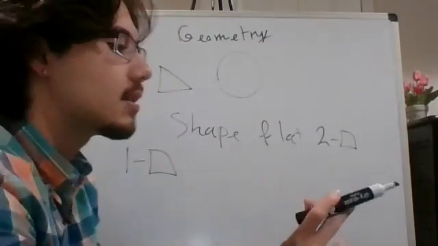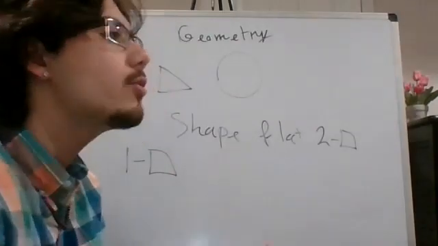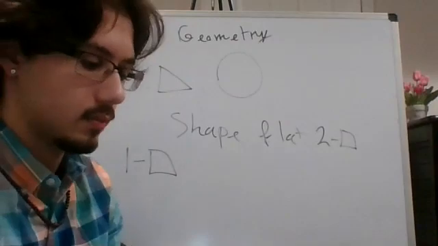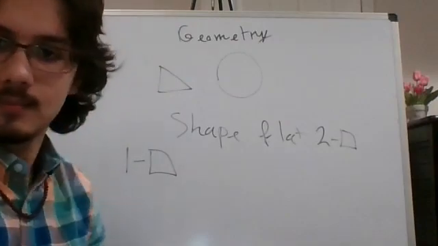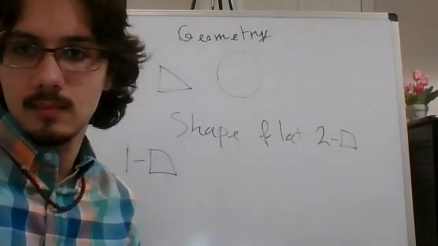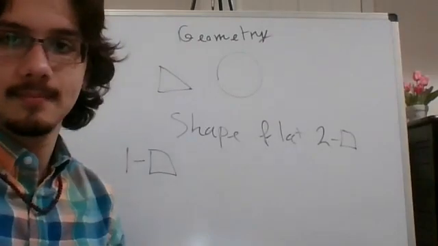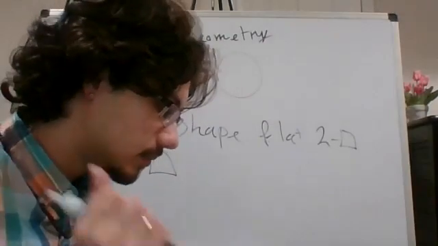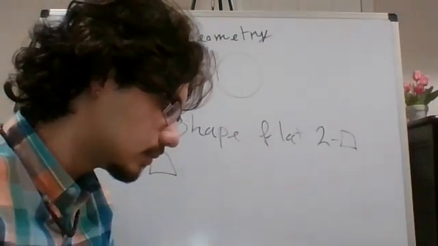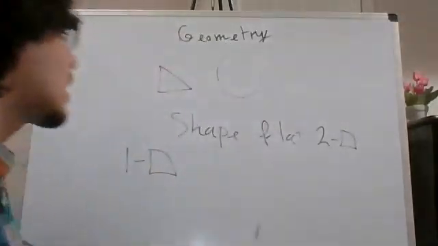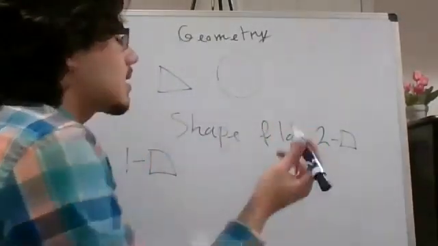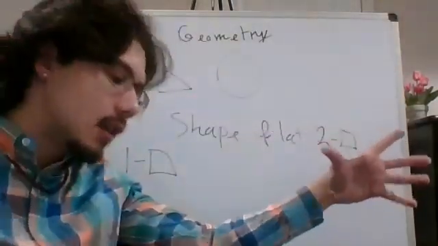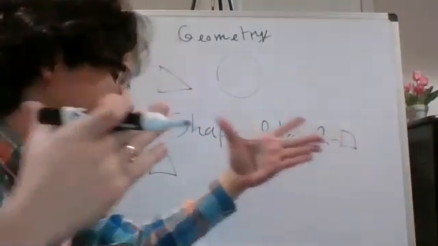If we don't know what one-dimensional is, can somebody say what is two-dimensional? Sir, I think I know what is one-dimensional. Okay, what is one-dimensional? It's like a plane shape. You're very close. A plane is an infinitely long shape.